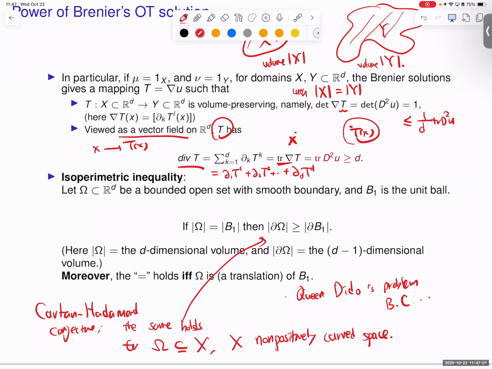So if the underlying space has non-positive curvature, then it is reasonable to expect a similar result, but it hasn't been proven yet. If you prove this conjecture, then you will appear in a newspaper, I'm sure, the New York Times. And of course, in some other spaces, this does not hold in general. Okay.